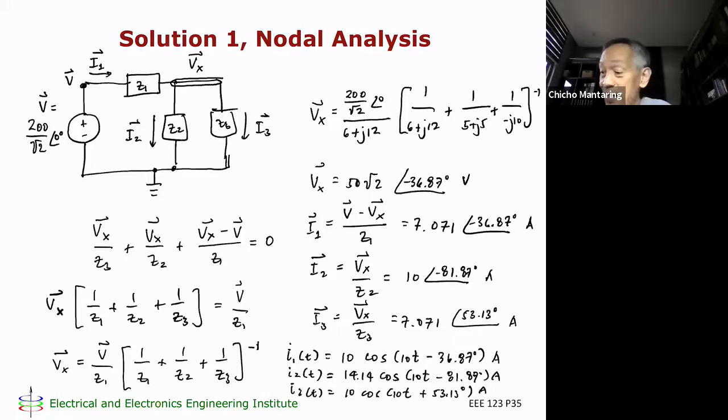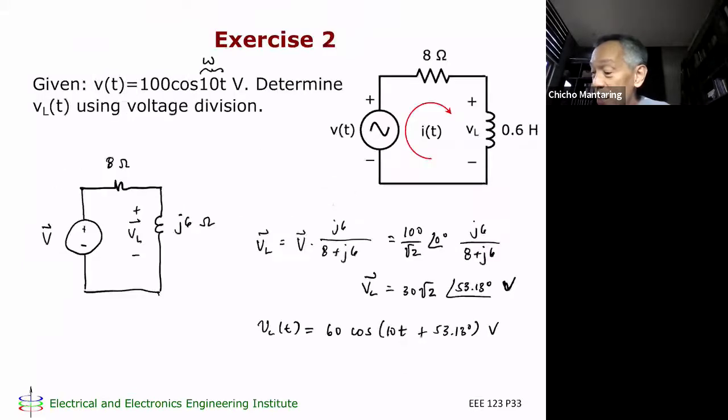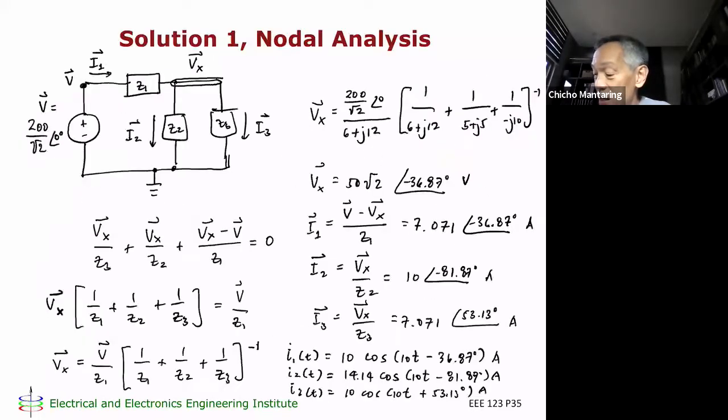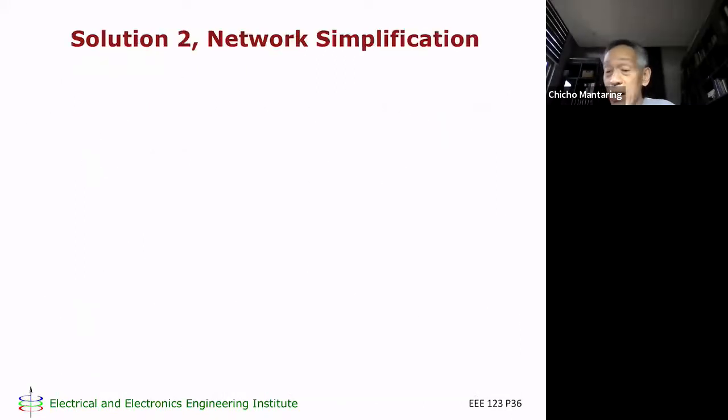Nodal analysis. Okay. Is that the easiest way? Sorry. Well, I don't know. What's another way? Another way, I could have done network simplification. So this is just another way, no? Network simplification. So, anong gagawin ko sa network simplification?